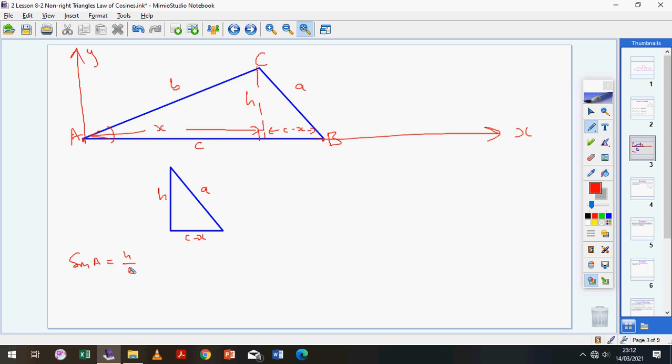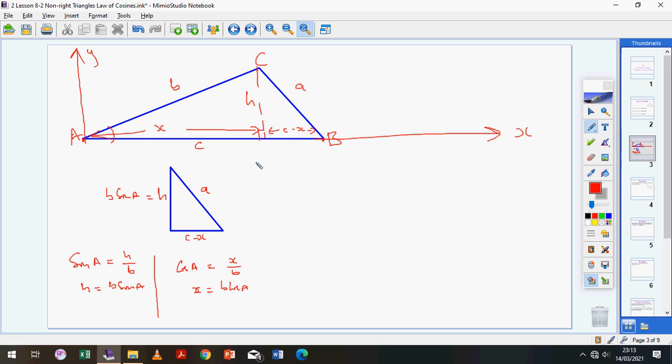So I can say h is equal to b sine A. And if I also find the cosine of A, the cosine of A will be x out of b. So that means x is b cosine A.